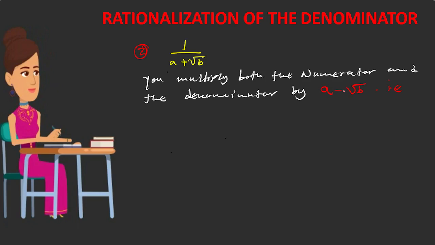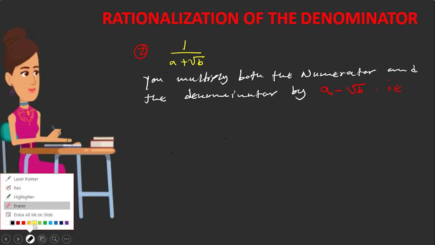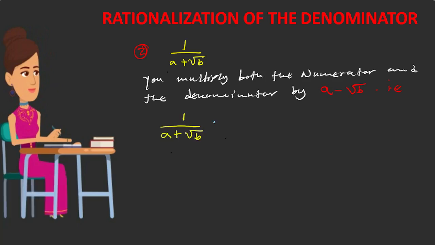So such that we are now going to have something like 1 over, let me use the same color which is on top to help you understand what I'm talking about. So you're going to say 1 over a plus c square root b, then you're going to multiply it by a minus c square root b over a minus c square root b.